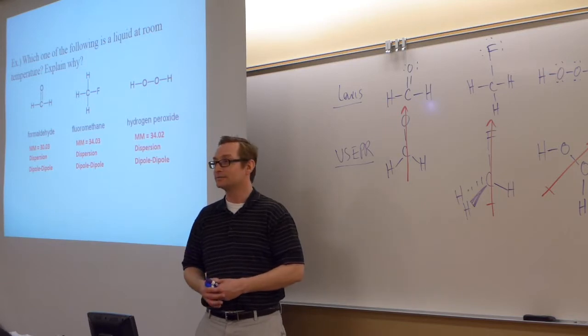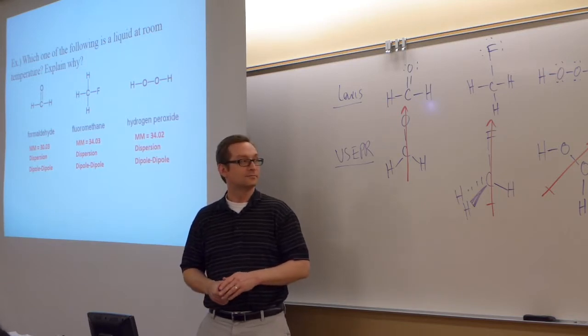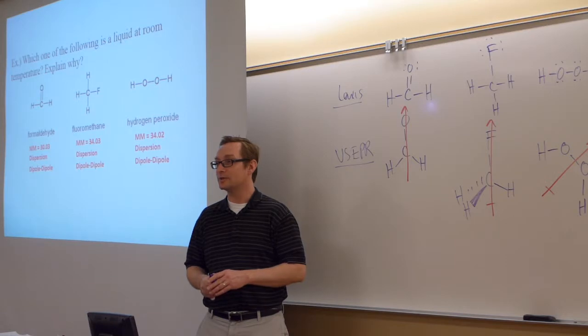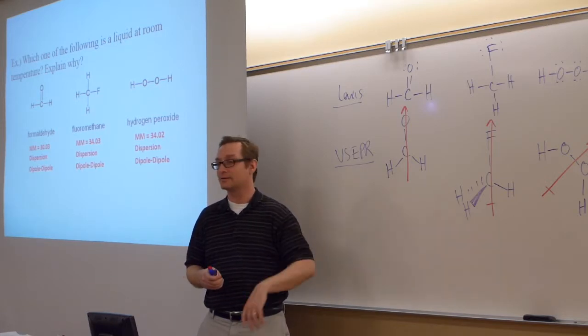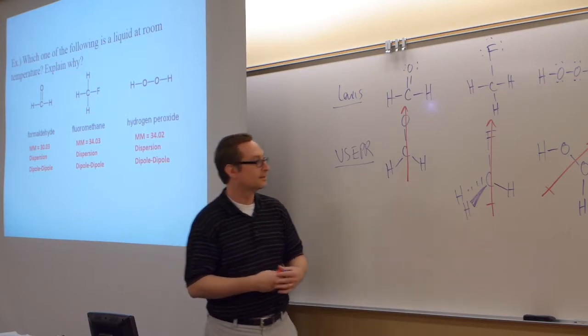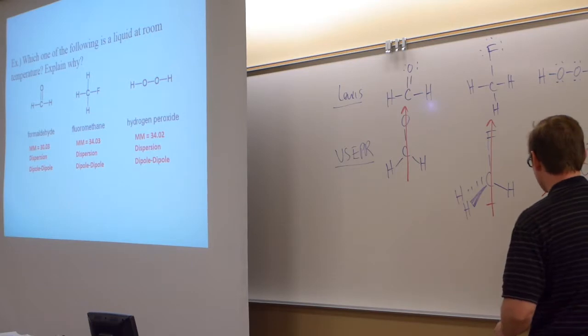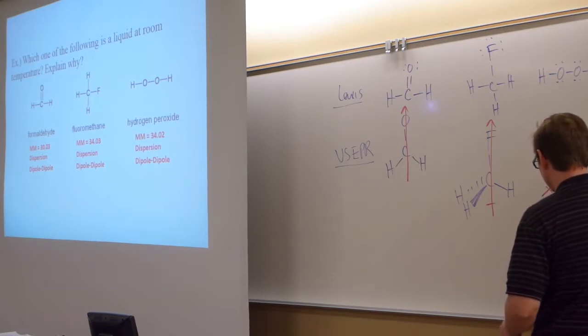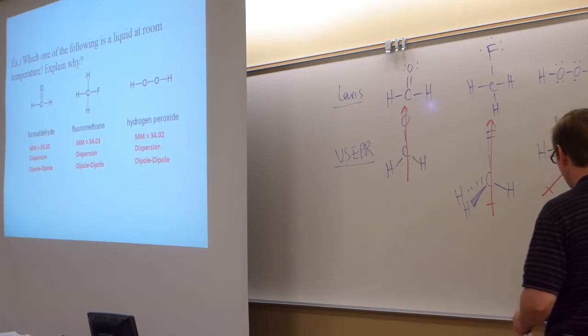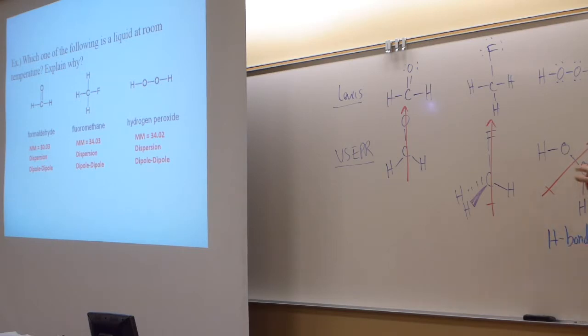What about H bonding? Do all of them hydrogen bond, or is only one of them? The one on the right, the hydrogen peroxide? So this one has H bonding capability. Right, this one has OH bonds in it, right?